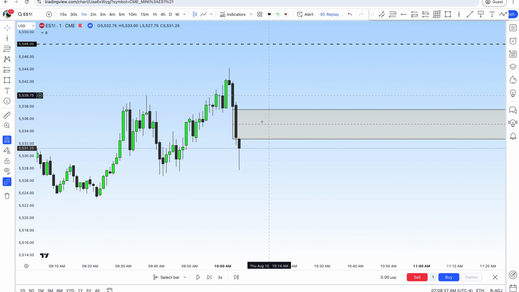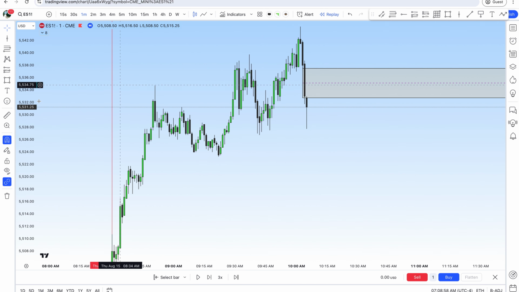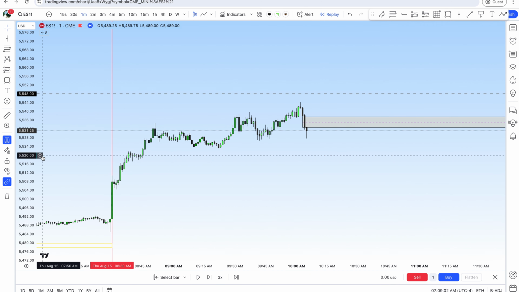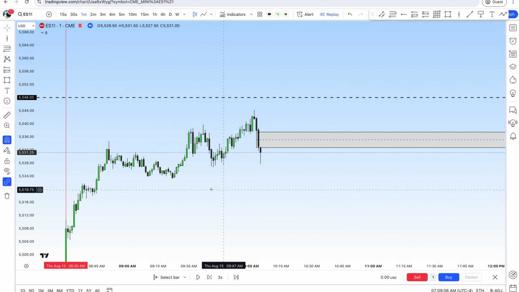What I want is for this to turn from a fair value gap into an inverse fair value gap. I don't want price to trade into here and go lower. I want it to trade higher, come back in for a retest, and push us higher. Why? Because we're in a buy program, which I guess is the equivalent of an uptrend, as other people would call it, right?